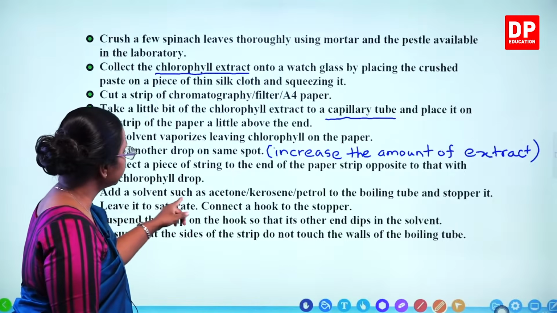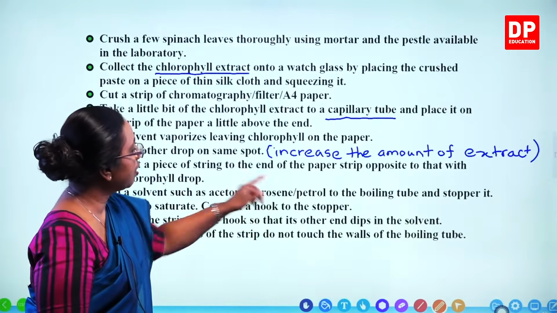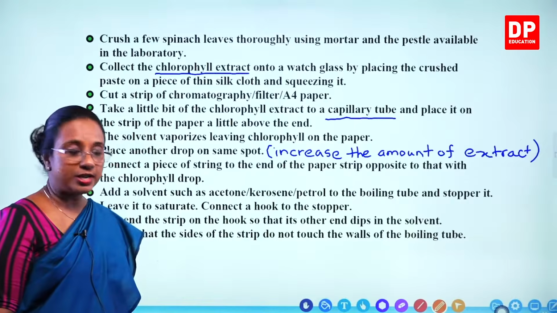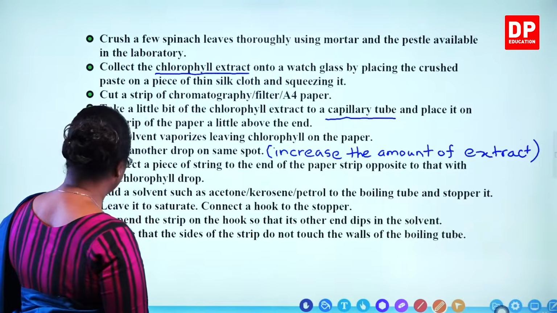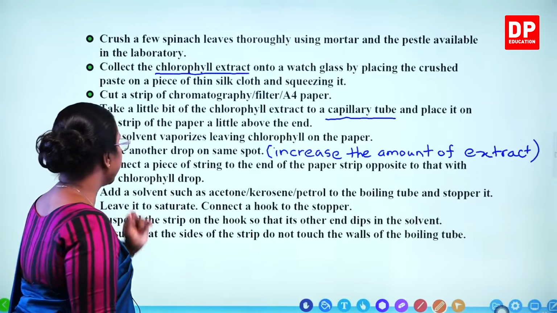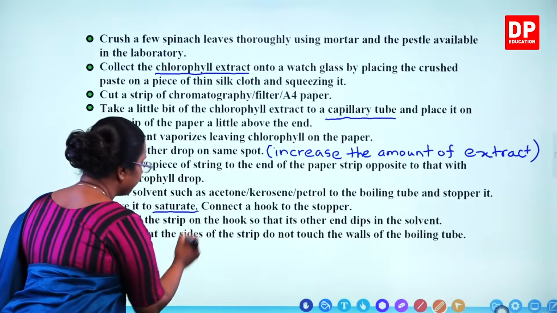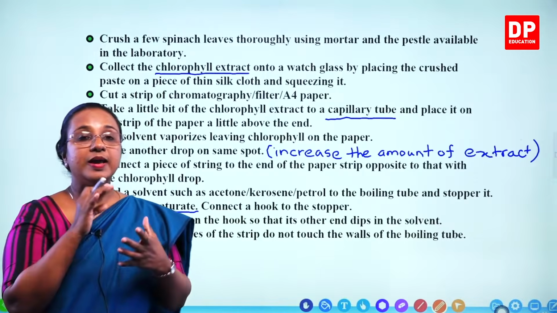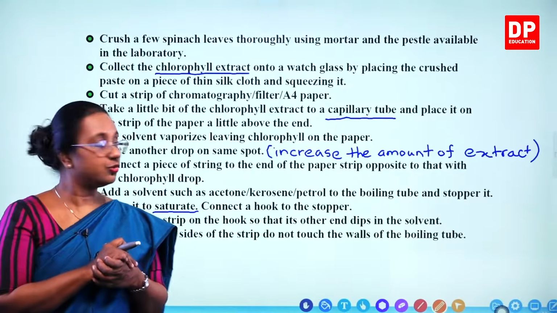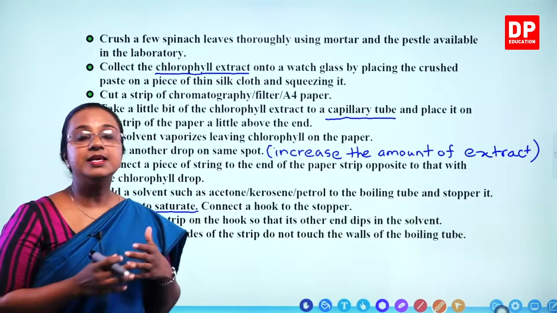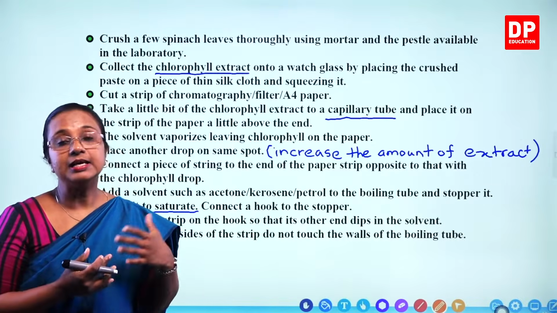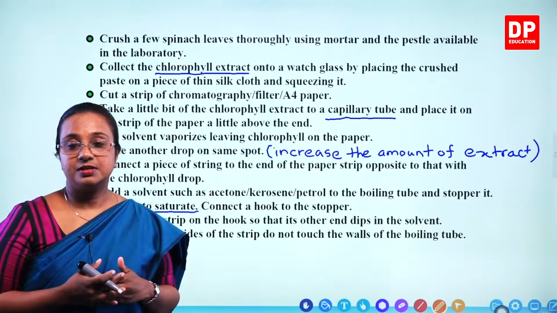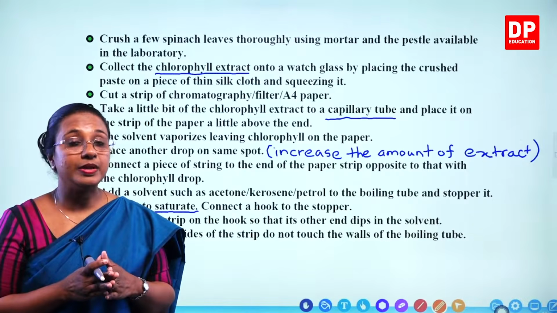Add a solvent such as acetone, kerosene or petrol to the boiling tube and stopper it. Leave it to saturate. This is an important thing. Now when we take the acetone or kerosene, these are all volatile components. Even petrol, they can vaporize quickly.